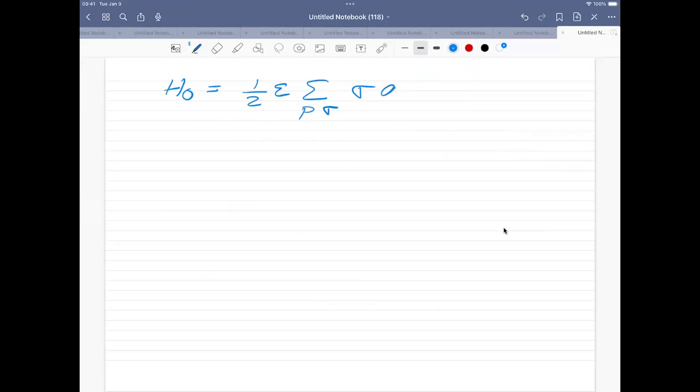This is multiplied with the creation operator for a specific spin value, and then the annihilation operator for a specific spin value and that state p. So the sigma can take 2 values, -1 and +1.